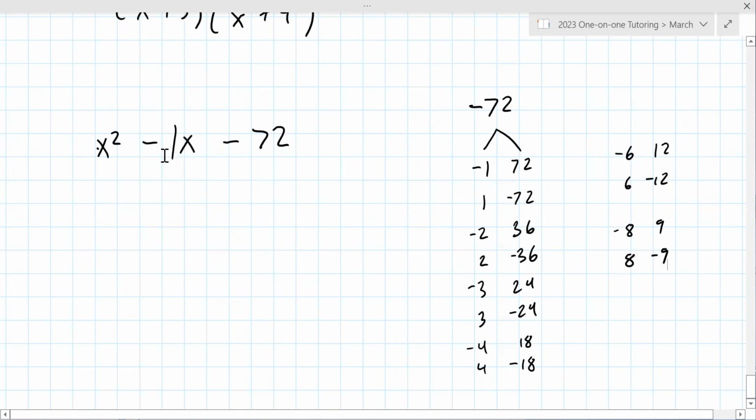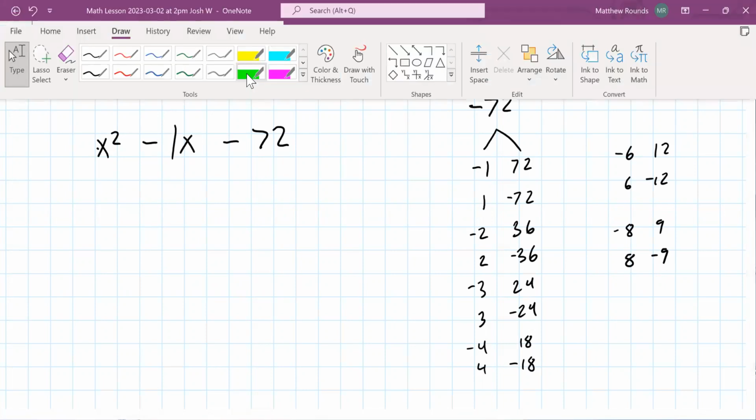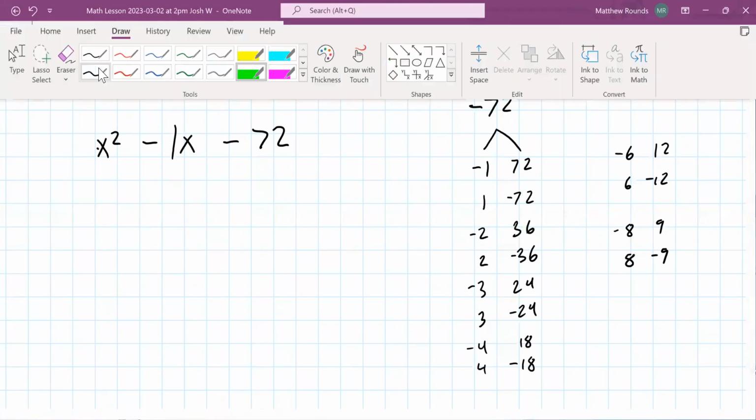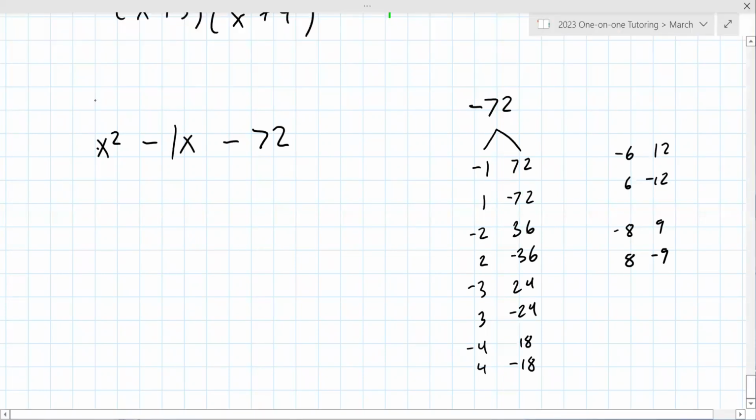-1. Yes. So which of this grouping adds up to -1? These all multiply to -72, but which of these add up to -1? For example, that first one, -1 plus 72 is 71.